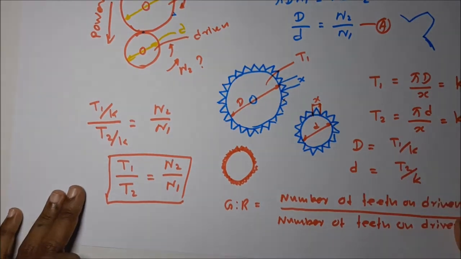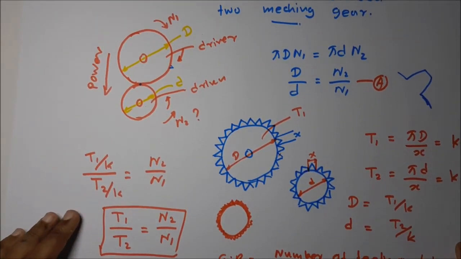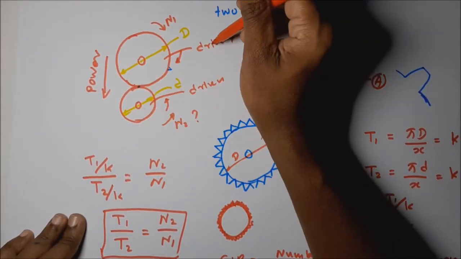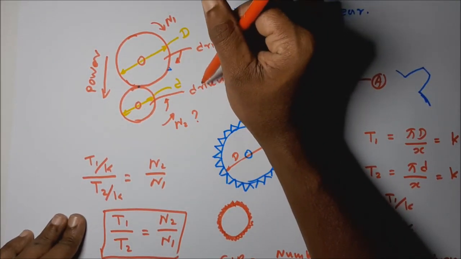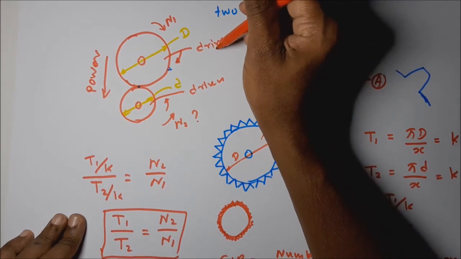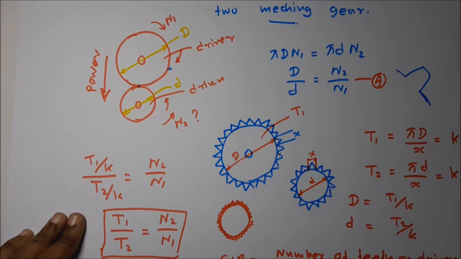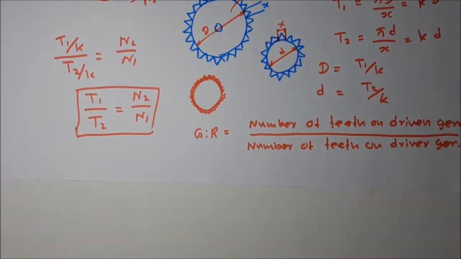This is the driver wheel, this is the driven wheel. The power is transmitted from driver to driven. This is how gear ratio is defined.